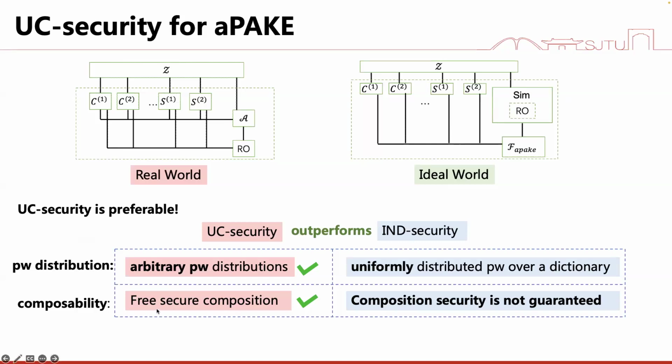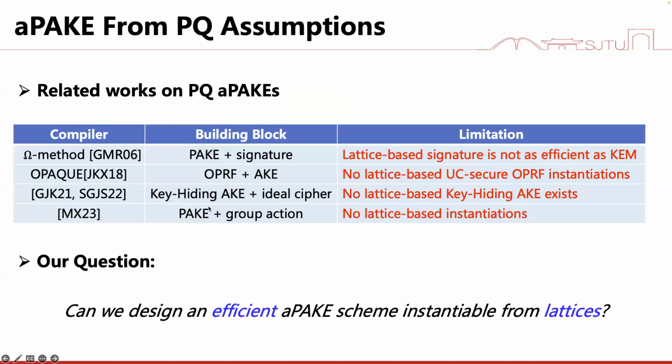Second, the UC framework enables a smooth and secure composition with other UC secure protocols. As far as we know, there is no concrete construction for a UC secure asymmetric PAKE scheme directly from post-quantum assumptions. There exist some compilers that can turn PAKE or AKE into asymmetric PAKE.